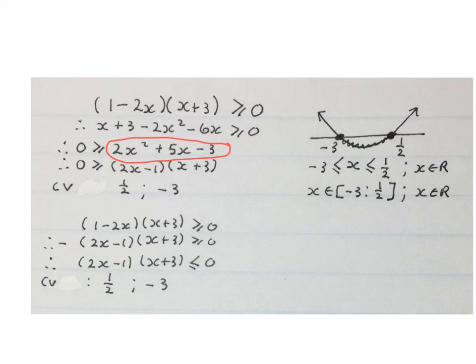Then get your critical values. From this bracket we get a half, and from this one we get minus 3. Then we will get to the same happy parabola, same critical values, and now it's again saying where is the parabola smaller and equal to 0. Therefore the bottom part, including the critical values, staying with the same answer. Please stop the video and decide which method you like best.